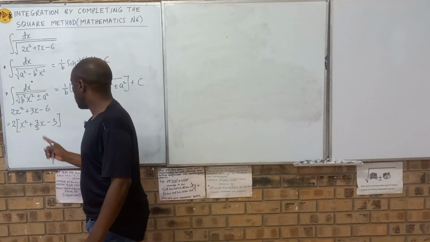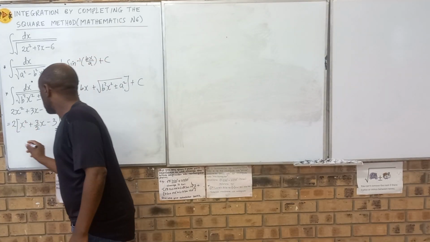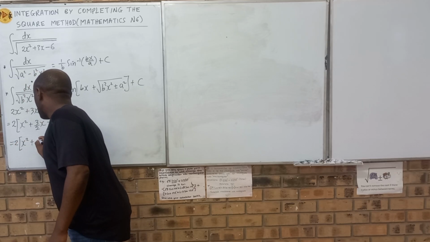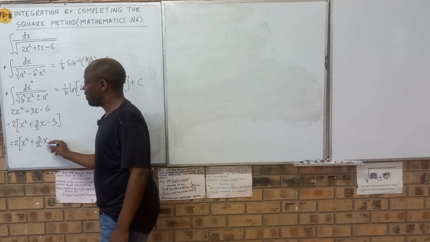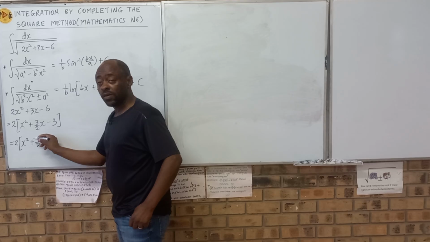Now I'll complete the square of the quadratic in the square bracket. So to complete the square, you write down your quadratic term and your linear term exactly the way you see it. Then you take half the coefficient of x. The coefficient of x is that number in front of x.